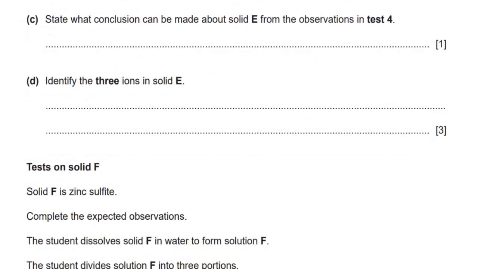If we go ahead with the next sub question C, state what conclusion can be made about solid E from the observations in test 4.